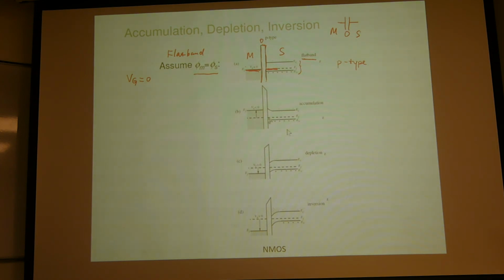Now we will see a few scenarios. Let's say gate voltage smaller than 0. For this MOS structure, your substrate is p-type, that means we apply negative voltage to the gate. Then what will happen from the band diagram point of view? Any idea?